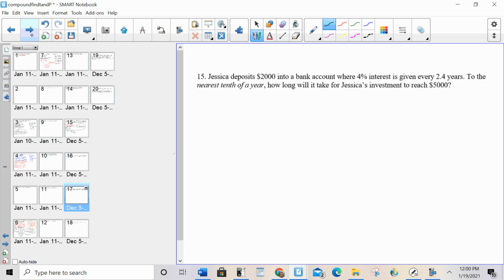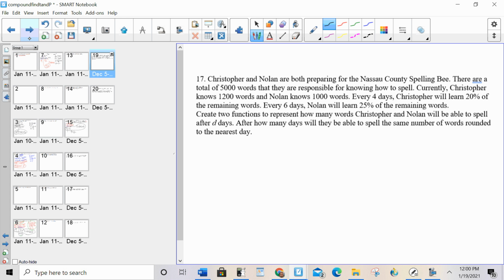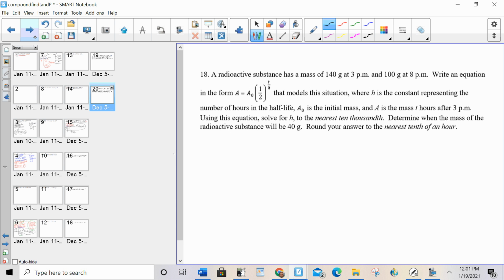So let me see if there's an example anywhere where it says algebraically in this packet. I don't even think I put anything like that. This was a 6-point Regents question. It doesn't say anything about algebraically, so you could have gotten 6 out of 6 in this question just by using your y1, y2 intersect.